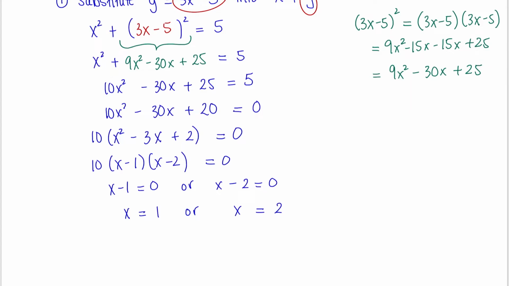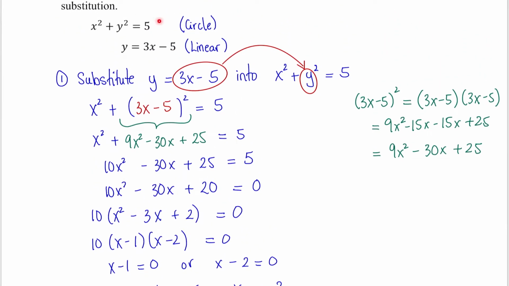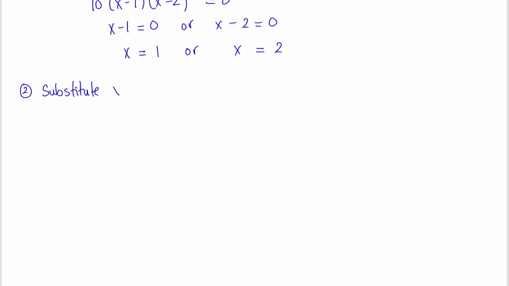Next, I need to find y. So I go back up here and choose one of these two equations. It doesn't matter which one. However, I am going to choose this one. And I will substitute my x in here to solve for y. I am going to substitute x equals 1 into the equation y equals 3x minus 5.